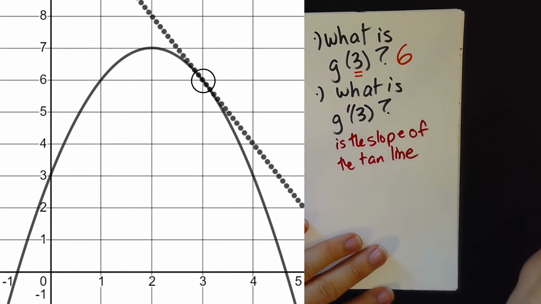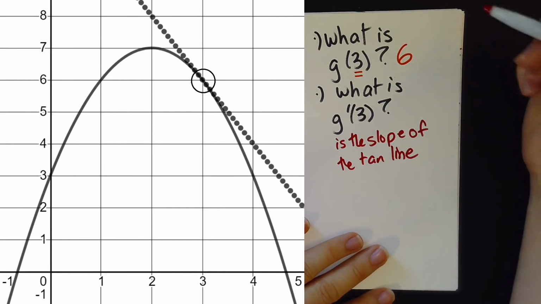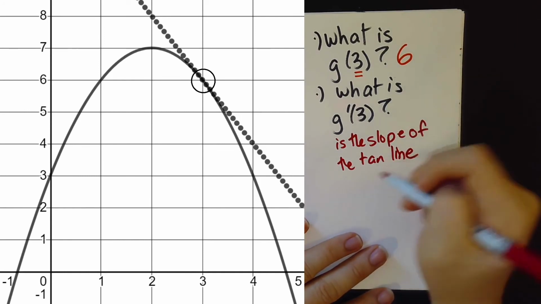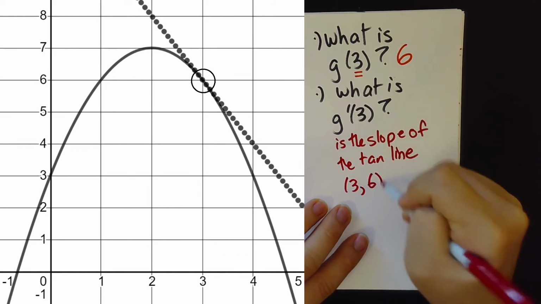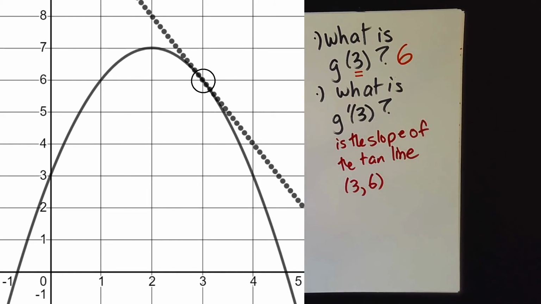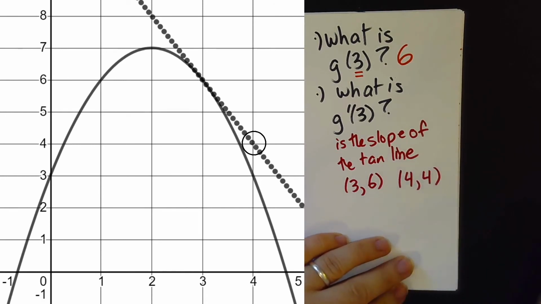Let's try and figure out the slope of this line. How are we going to do that? Probably we're going to find 2 points on it. One of those points we've already talked about. It's (3, 6). And so what am I going to do? I'm going to scan back and forth on this line with my eyes until I stumble upon a point like this one, where I can see, aha, this point I can read off. That point is (4, 4).